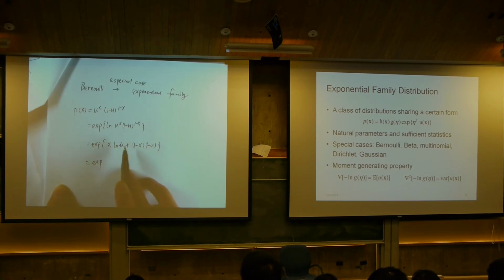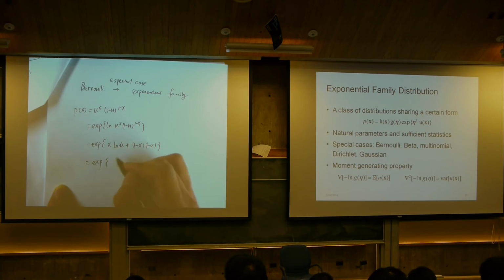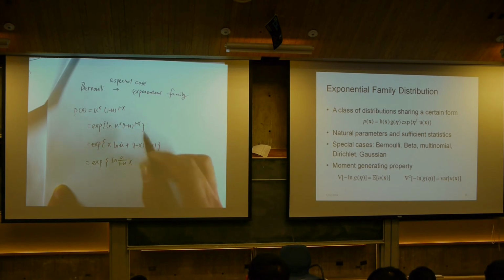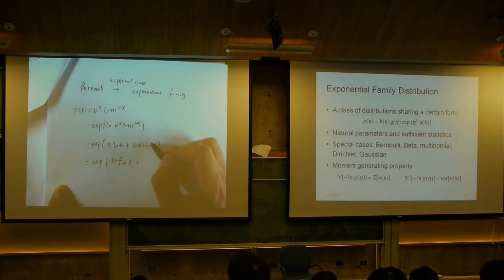Rearrange all terms here and distill x out. We get ln(mu over 1 - mu) times x. Sorry, there should be a log here.